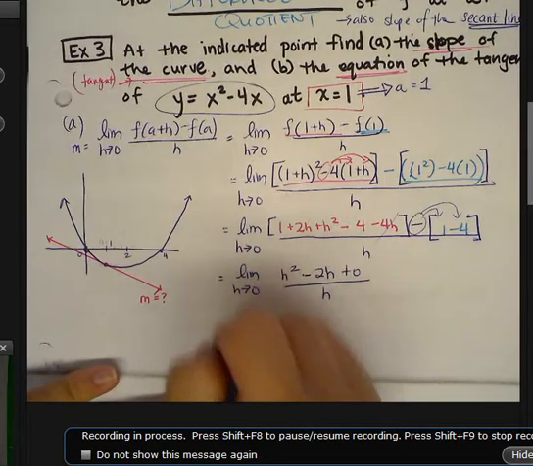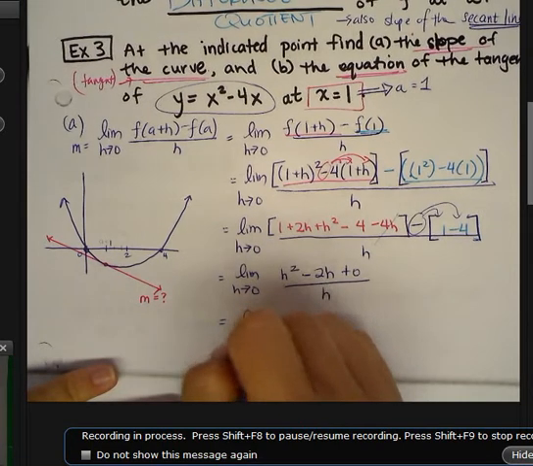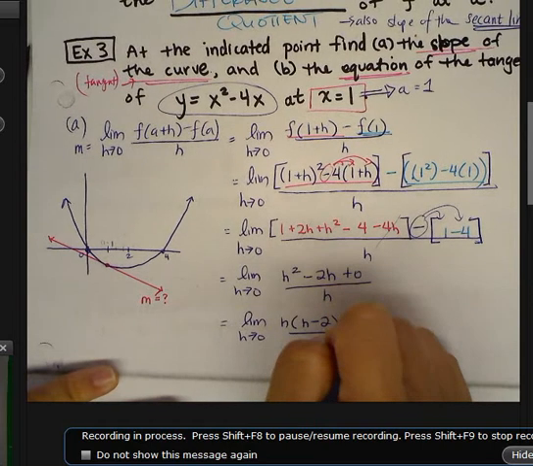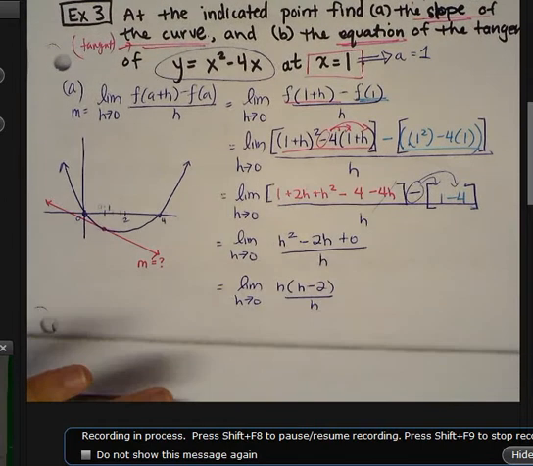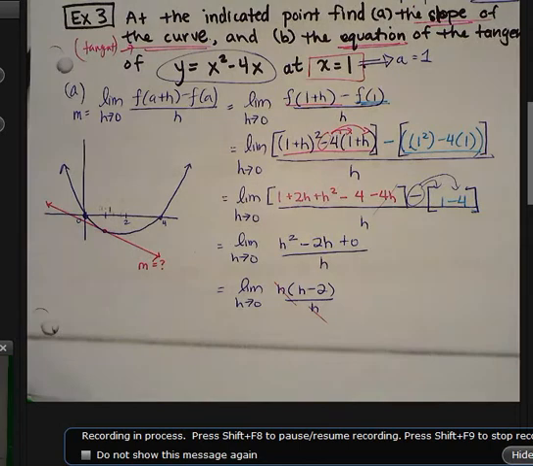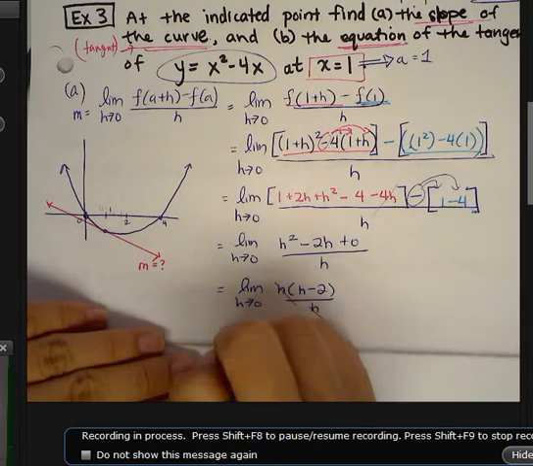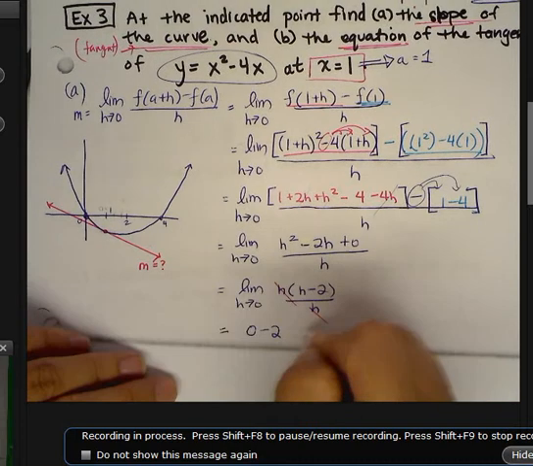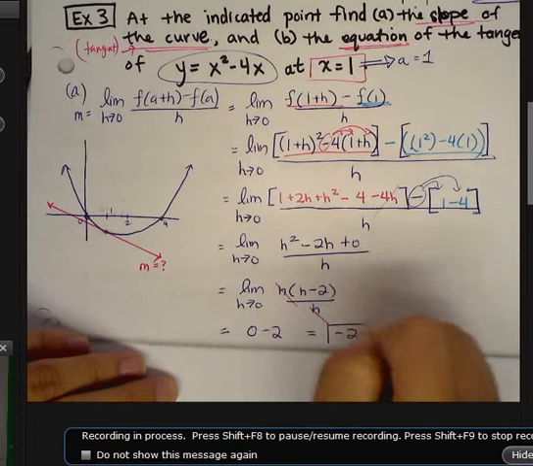Which is going to be the limit as h goes to 0 of h times h minus 2, over h. And the beautiful thing about this is that the h's cancel. So we can actually now substitute. The limit symbol is gone, and I'm going to substitute 0 minus 2. So my slope is negative 2.